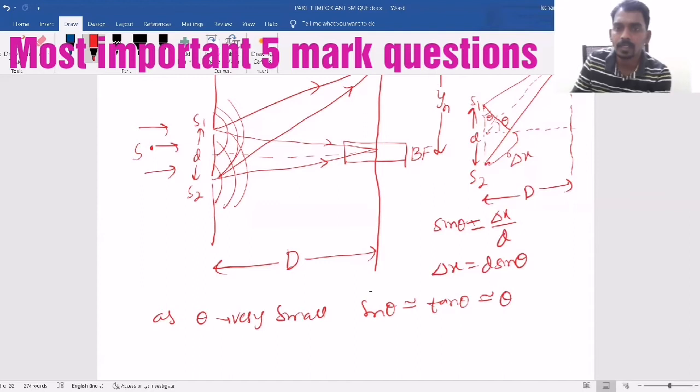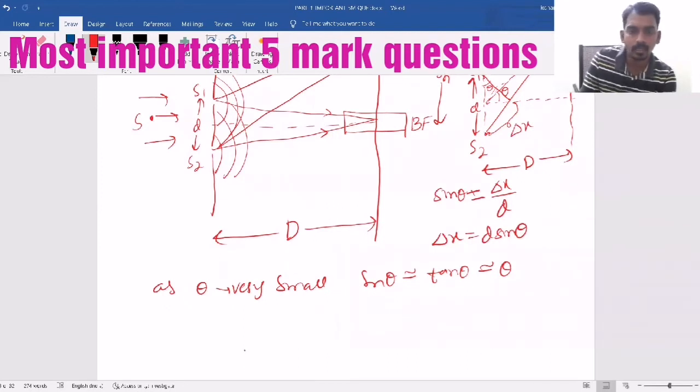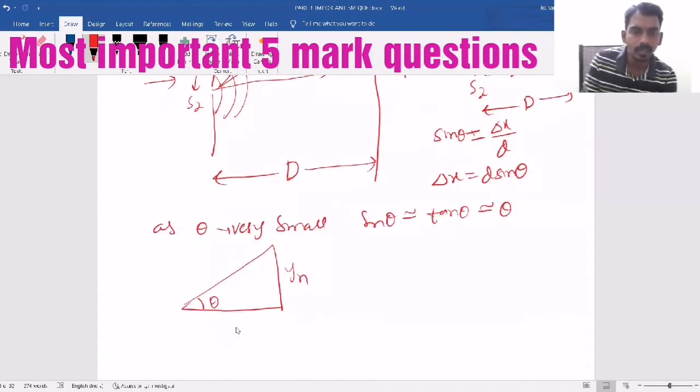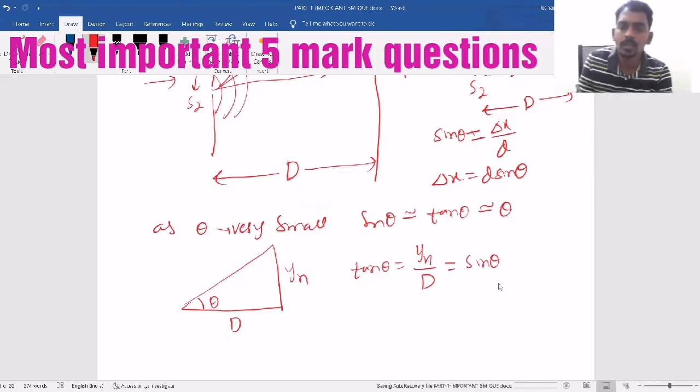So here, see this triangle: this is the central line, this is theta, this is yn, and this is capital D. So tan theta equals opposite by adjacent, yn by D, which is approximately equal to sin theta.